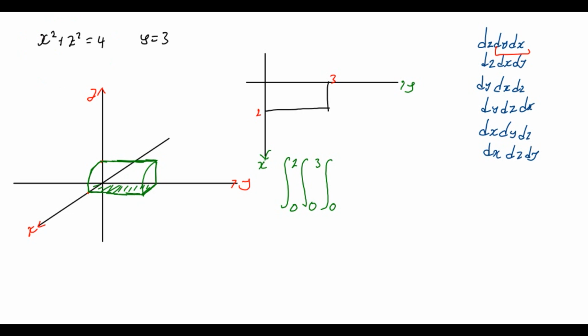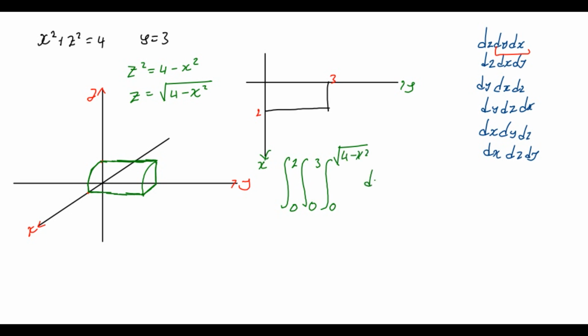So from that you just have to make z the subject of the formula. z squared equals 4 minus x squared, so z equals the square root of 4 minus x squared.